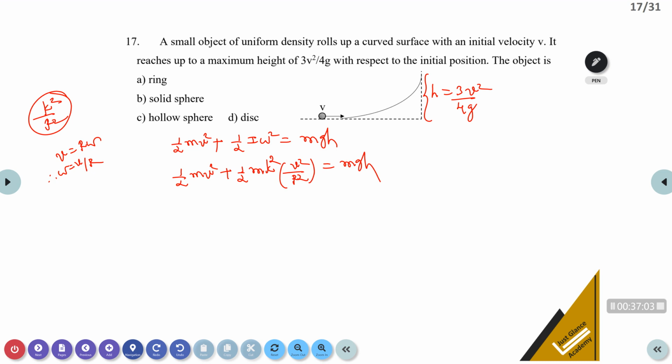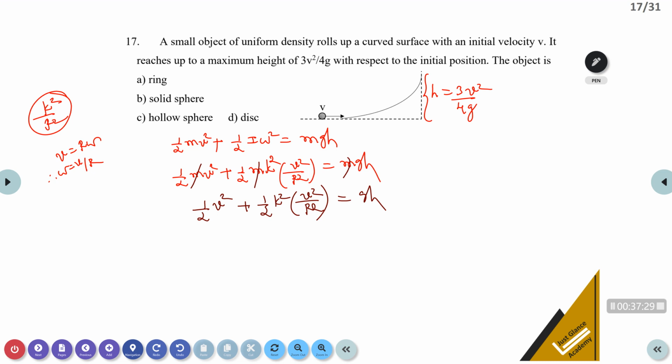Which factors get cancelled? This m, this m, this m gets cancelled. Now what you will get here? 1 by 2 v square plus 1 by 2 k square into v square by R square equal to gh.